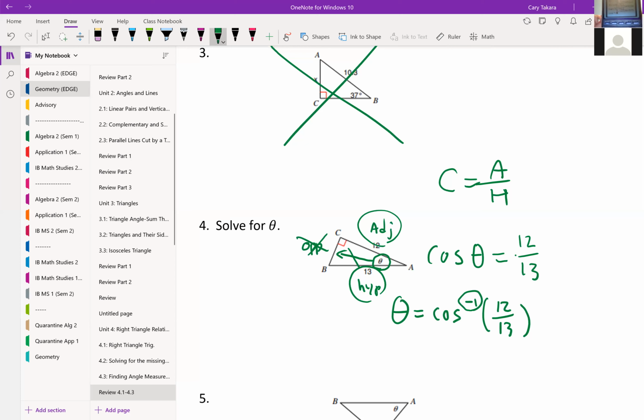And then you do 12 divided by 13. Then I press enter. 22.6. Okay, so that's how you find the angles.